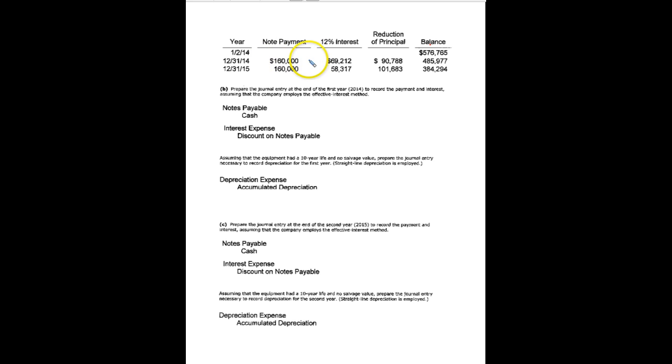So if we paid $160,000, if $69,212 is interest, then what's left over is principal. So of the $160,000, part of that's going to be for interest, the rest is for principal. That reduces our balance. So we started with 576, subtract that by 90,000 to get your remaining balance.